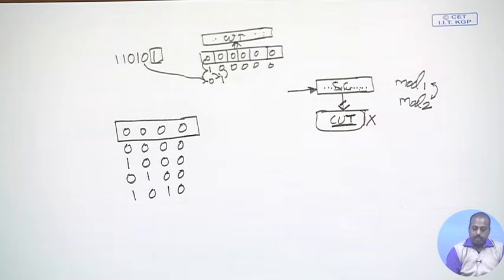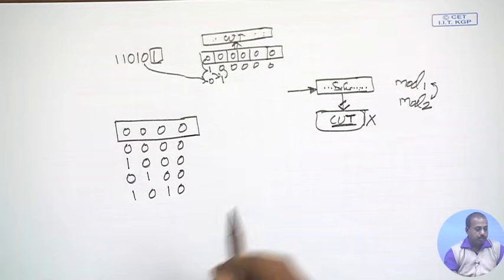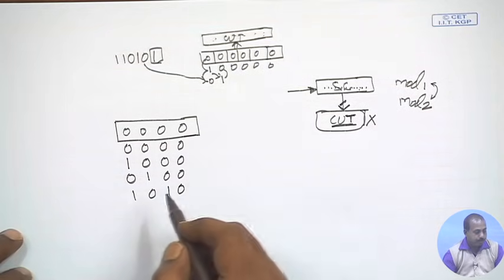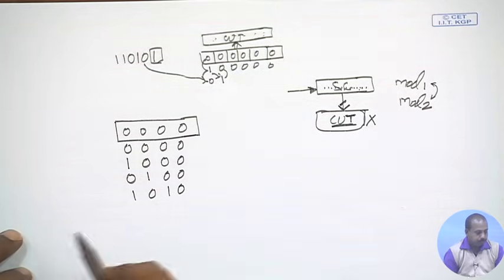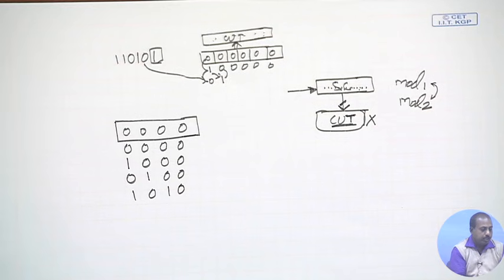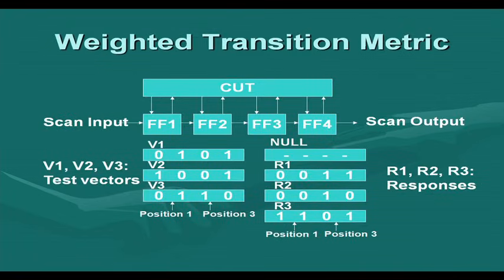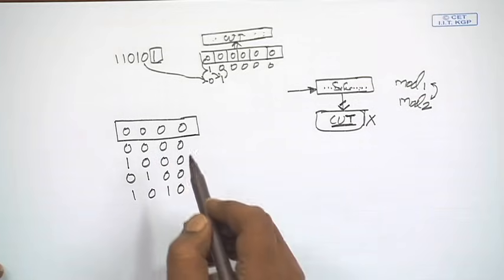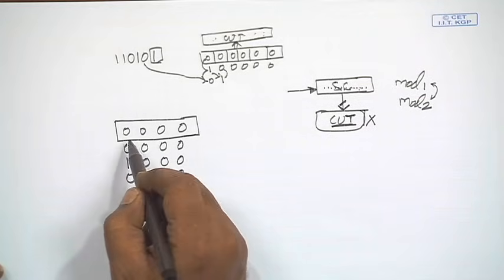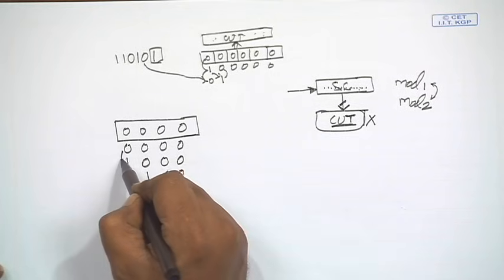Now, you see that the original test vector was 0 1 0 1. Now, you see this particular transition, this 0 to 1 transition.